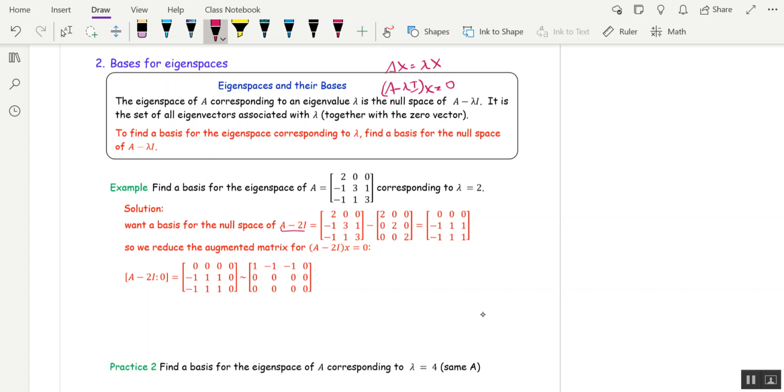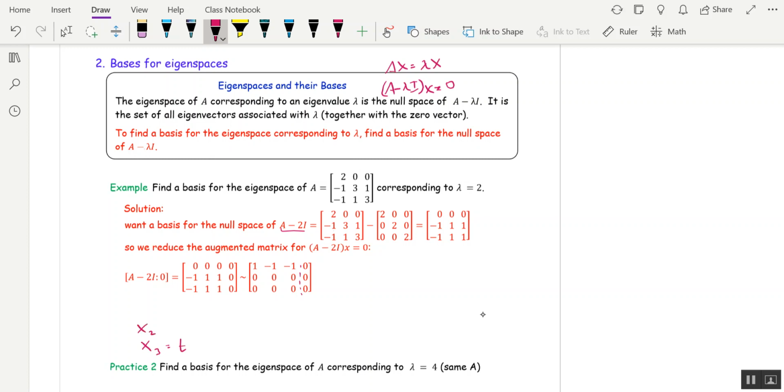You don't have to watch me do a calculation, so I already set that up. Here's A minus 2I augmented with 0. It only took one step to reduce. And here I am with the reduced matrix. Let's go from here. We've got 3 variables. Let's start at the bottom. X3 does not correspond to a pivot, so that's free.